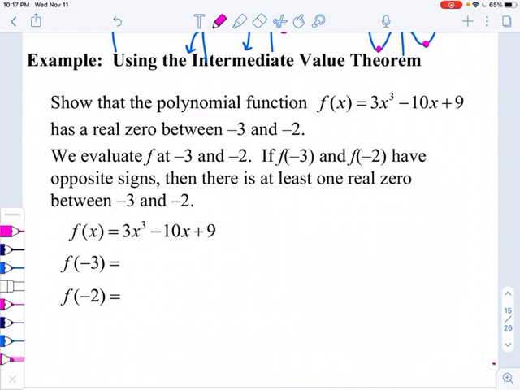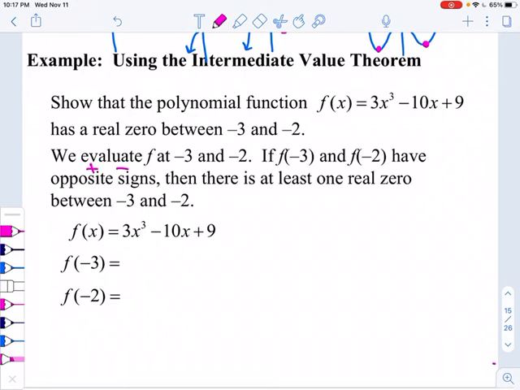If f of -3 and f of -2 have opposite signs, again, that means we have one positive, one negative answer, then there is at least one real zero between -3 and -2. At least means that there could be more depending on what the highest degree of the function is in terms of those turning points. But we're looking for at least one.